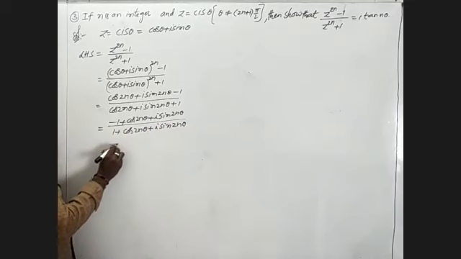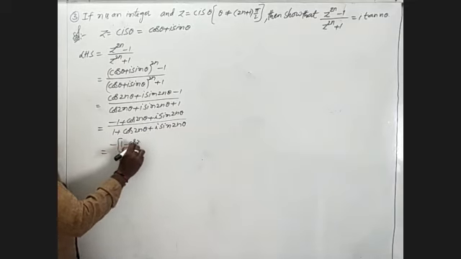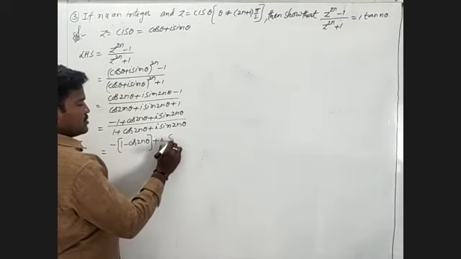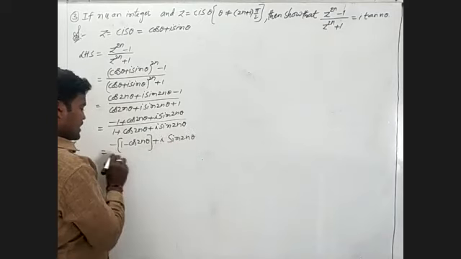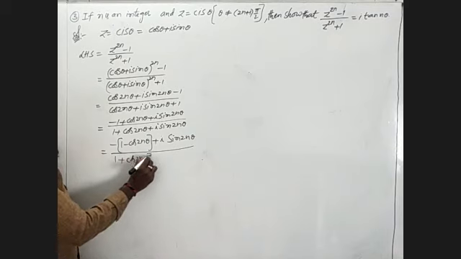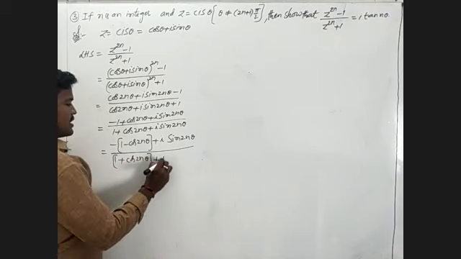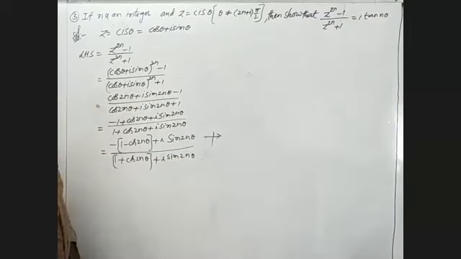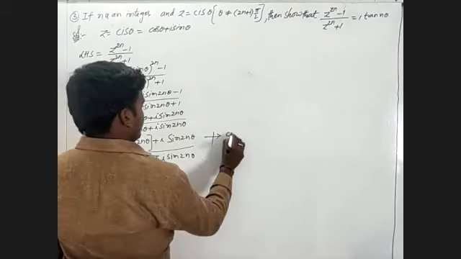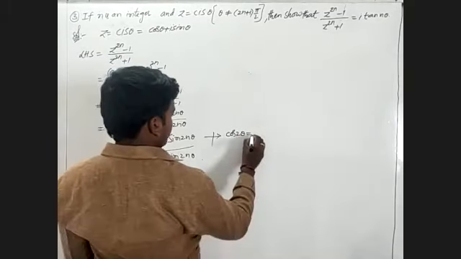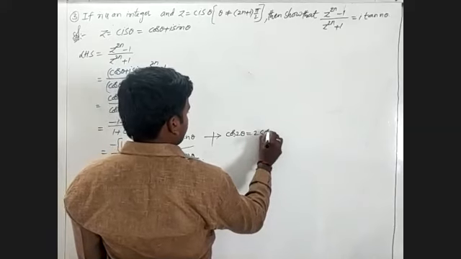Here I take minus 1 common, and remaining we write 1 minus cos 2n theta plus i into sin 2n theta, by 1 plus cos 2n theta plus i sin 2n theta. We observe this. We know the formula for cos 2 theta in terms of cos theta: 2 cos square theta minus 1.